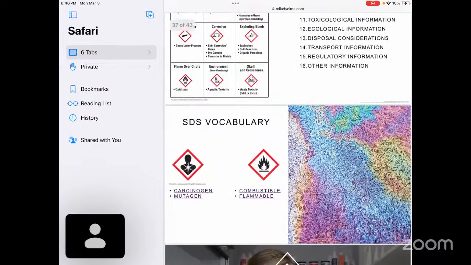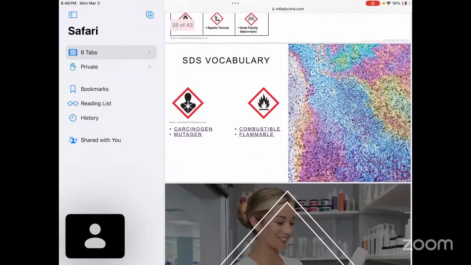Okay, let's look at SDS vocabulary: carcinogen and mutagen. All right. These are going to be two things you want to look for, because they have removed a lot of products that were cancer causing. Okay. And so even techniques and procedures like the Brazilian blowout, a lot of people are moving away from it because it just has a gas that you ingest, and they said that's connected to cancer.